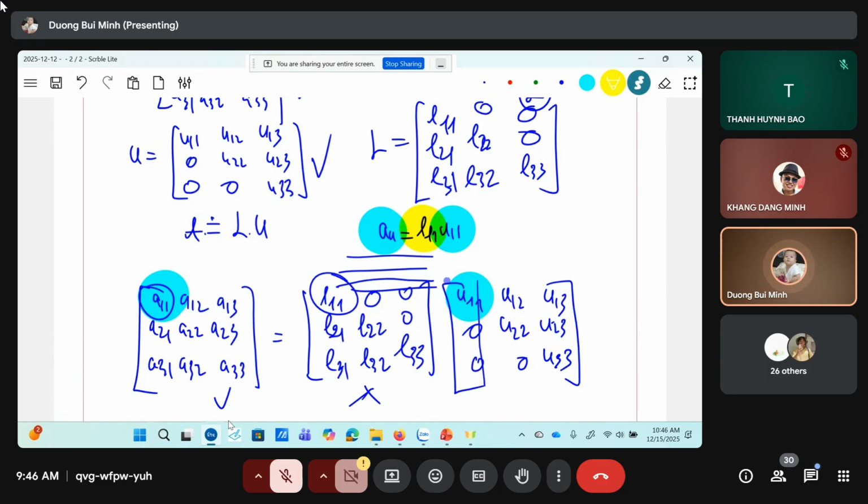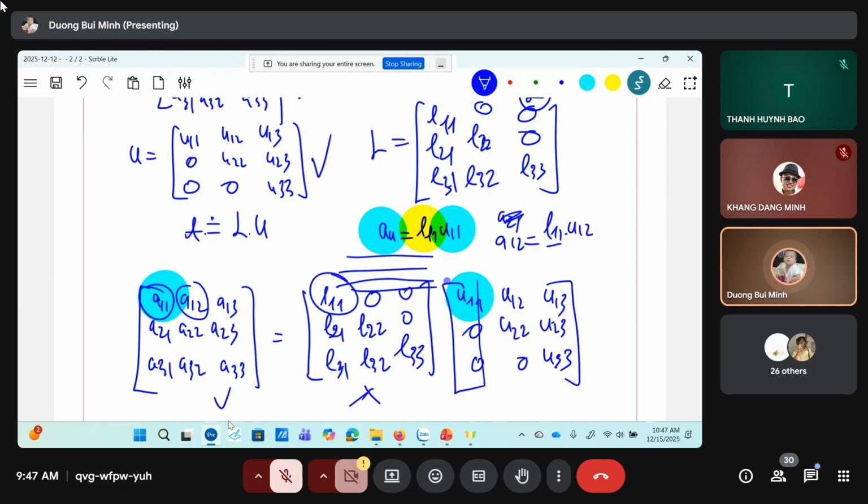Similarly, we can get L21 and L22. For A12, the first row and the second column, you get L11 times U12, this one times this one.